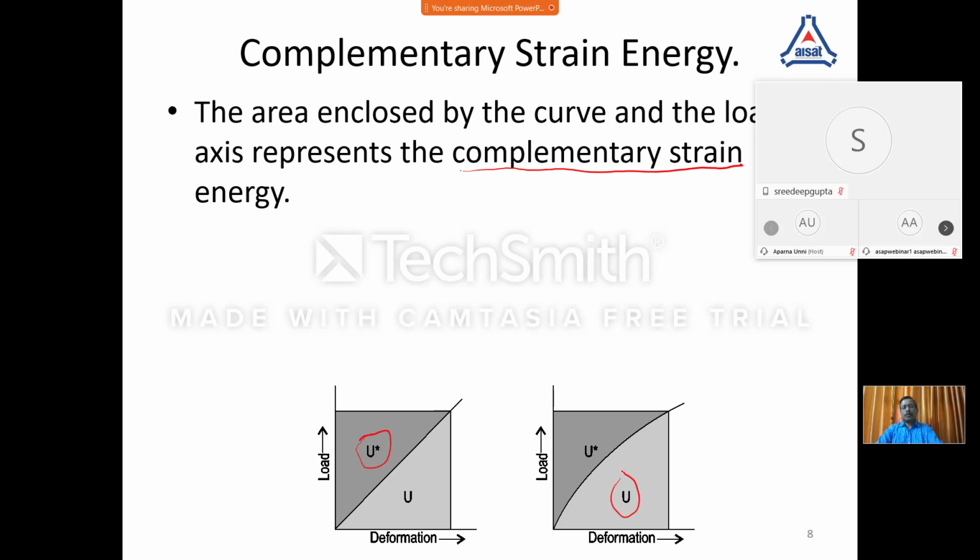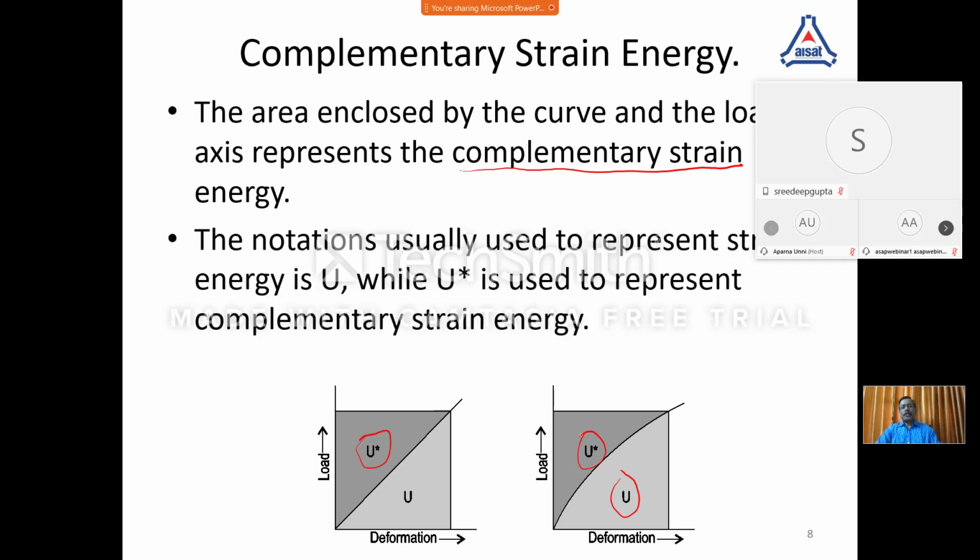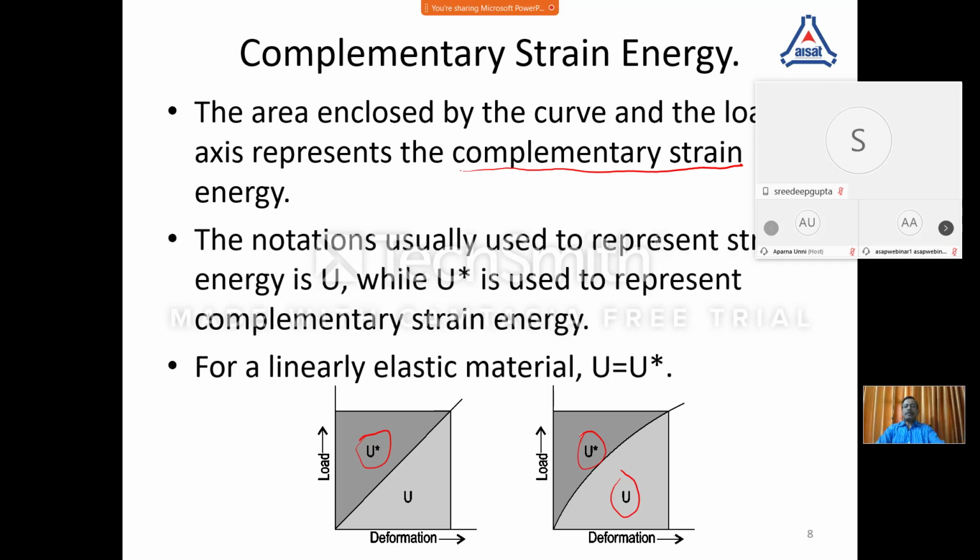These are the two notations used: U and U star, strain energy and complementary strain energy. In a linearly elastic material, we can say U is equal to U star, where both are equal.